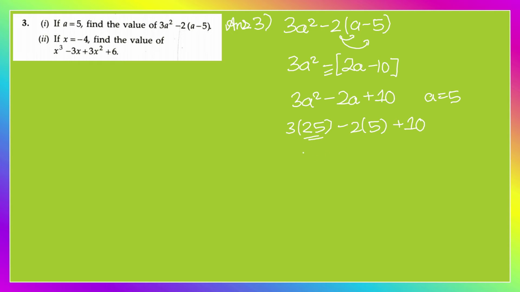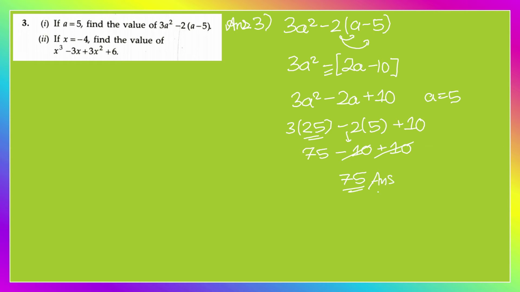So we have 75 minus 10 plus 10. The trick is that 2 into 5 is 10, and they will cancel out because minus and plus are the same. So I don't have to add or subtract, I just directly cancel it and I get the answer as 75 only.